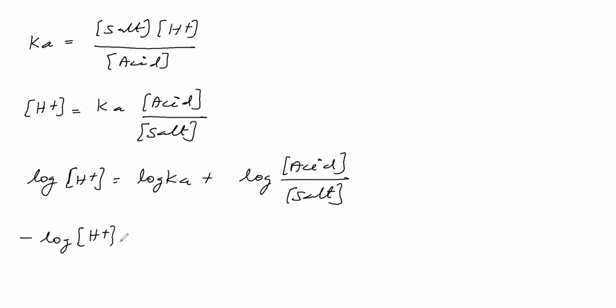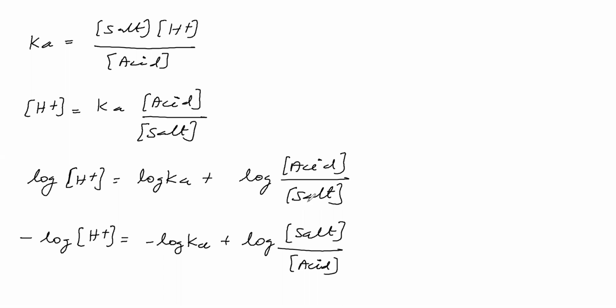Minus log of H plus is equal to minus log of Ka, this I will write as plus, then log salt by acid. I will reciprocate because of minus. Then minus log H plus we can write as pH, minus log Ka we can write as pKa, plus log concentration of salt by concentration of acid.